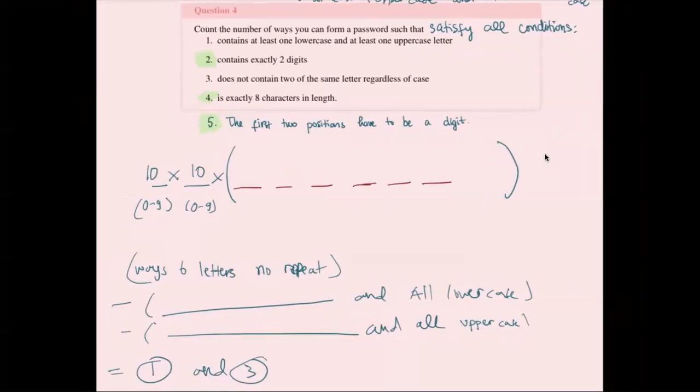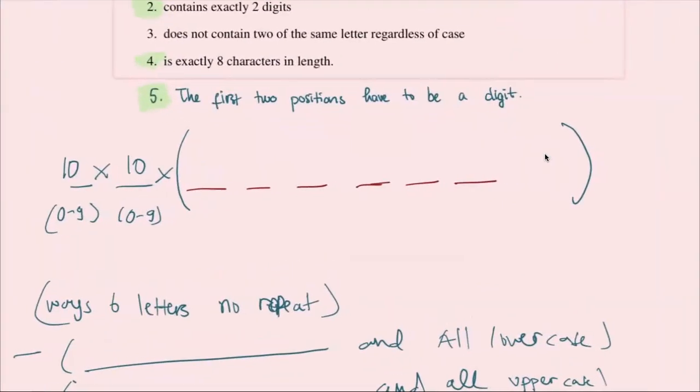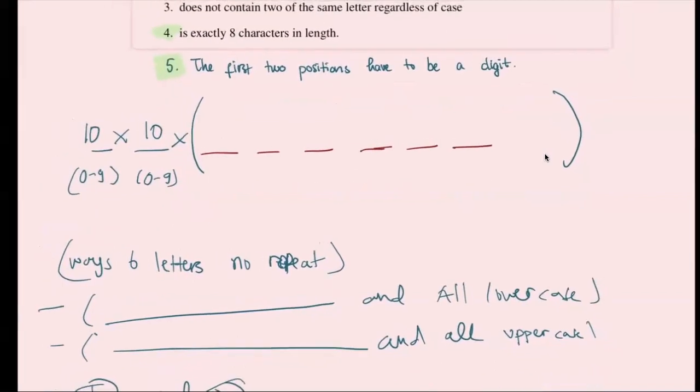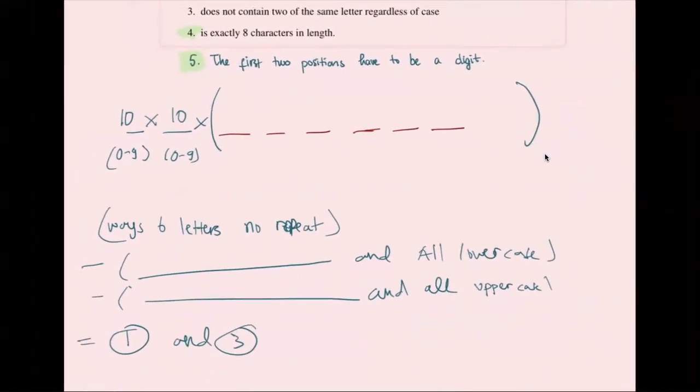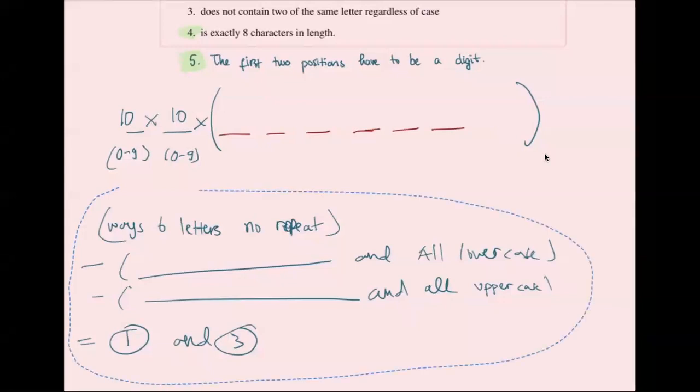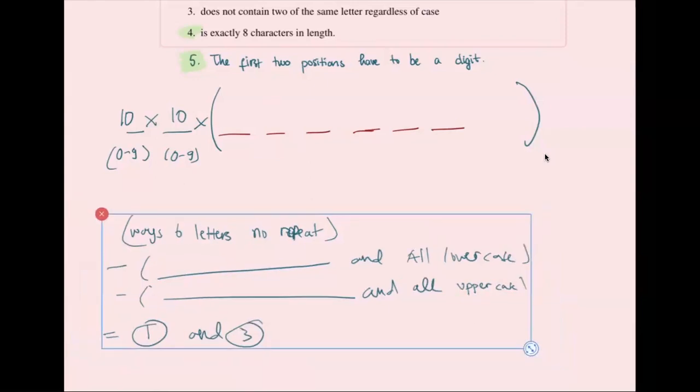Okay. So how many ways are there that I can choose 6 letters with no repeat, regardless of case? So if we think about it, how many ways are there to choose the first letter? Your alphabet would consist of both lowercase and uppercase, right?